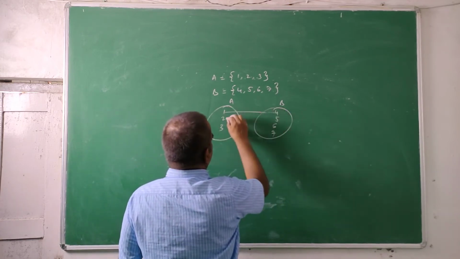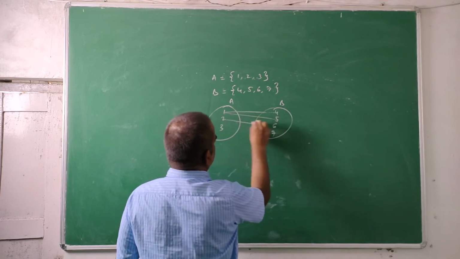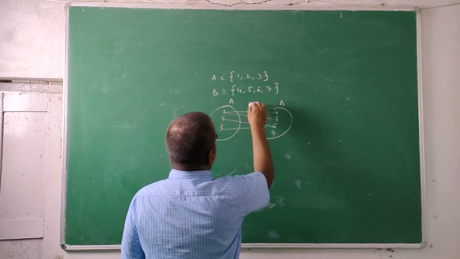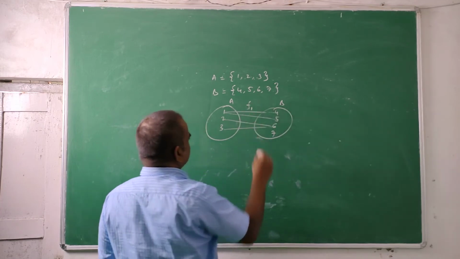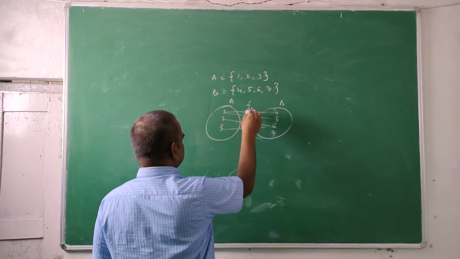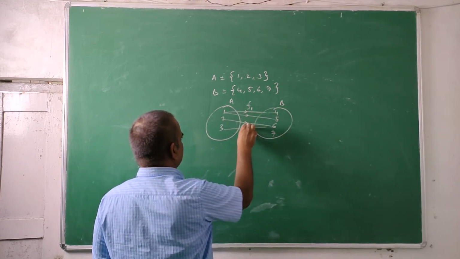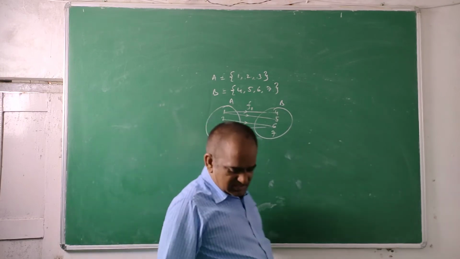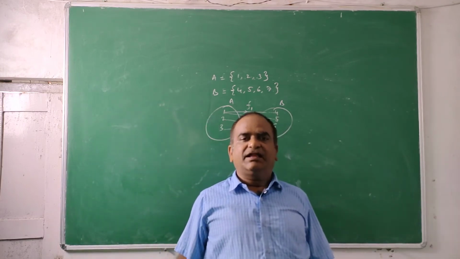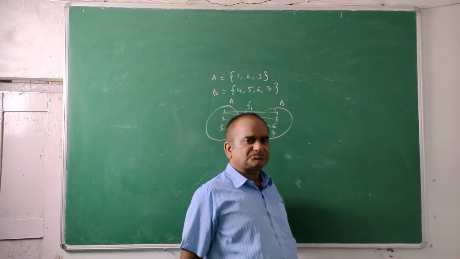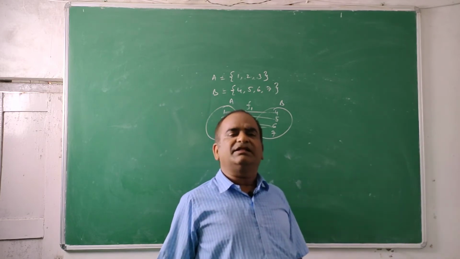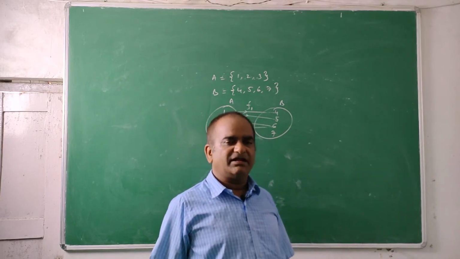Now I am taking some random relations from A to B. Say some F1. F1 is a relation from A to B here. Now whether it is a function or not, we have to decide.